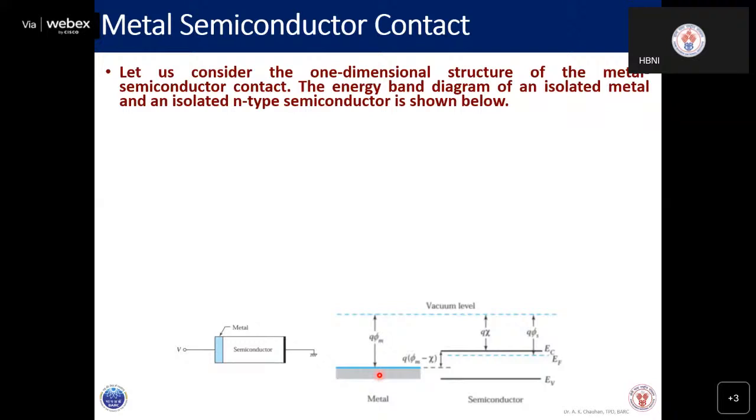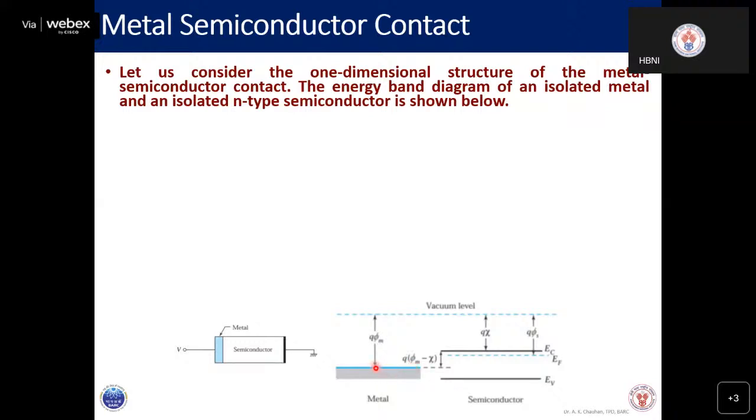In both the cases, all the states below that level are occupied by electrons, and above that level, all the states are empty. Therefore, the level below which all the electrons are there, it is totally filled, is called the Fermi level.